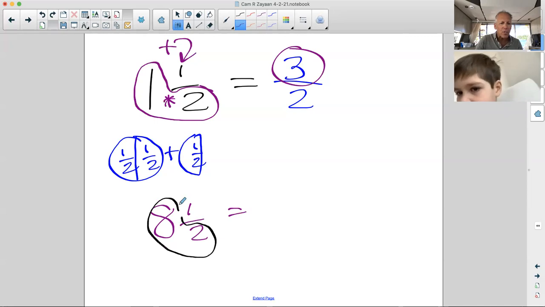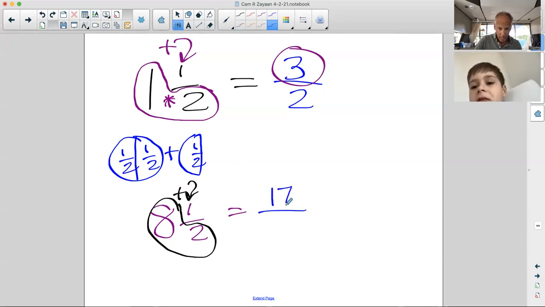Multiply 8 times 2 and add 1 more. So 8 times 2 is 16. Add 1 more. 17. 17 what? 17 halves.